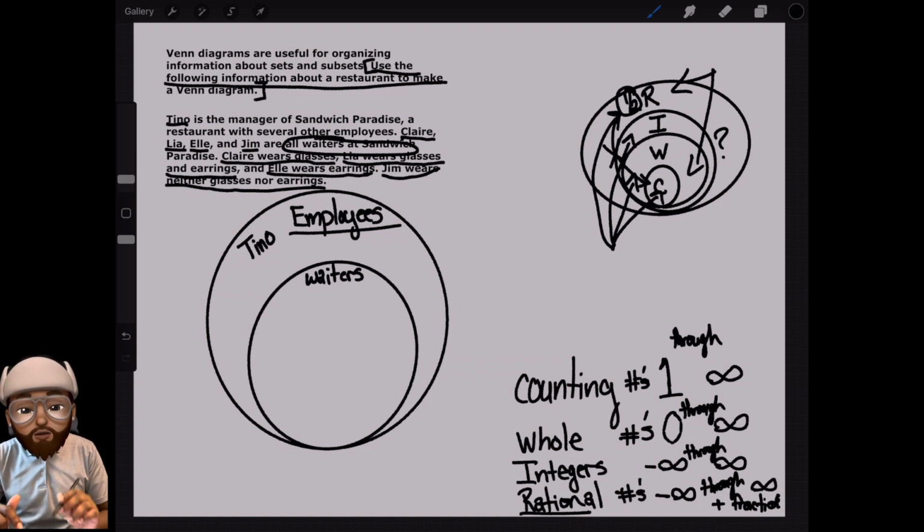But we also know that Jim doesn't wear either glasses or earrings. So Jim would fall under the employee circle. He will fall under the waiter circle. But once we start creating circles for glasses and earrings, that's where Jim doesn't fit in. So therefore, we're going to go ahead and put Jim in this waiter's circle.